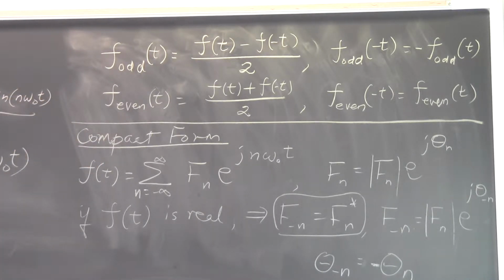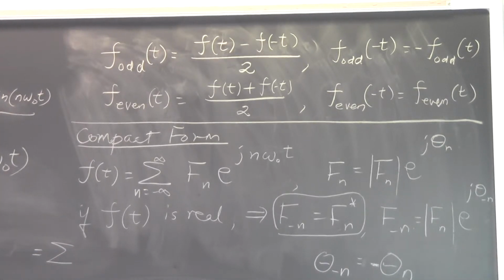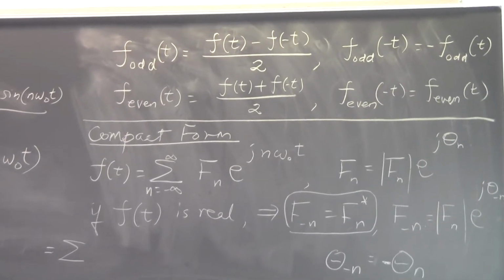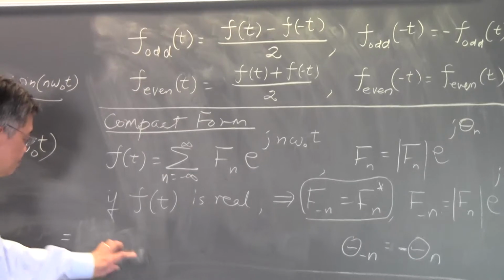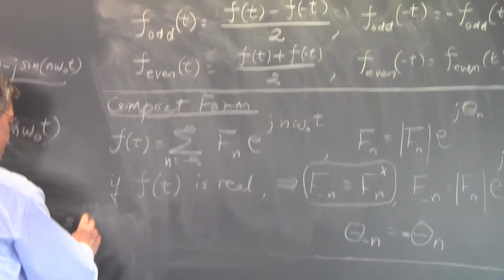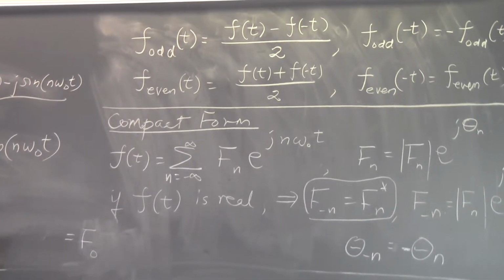into a compact form, because then you can write this as being equal to, take out the DC term. You can take out the DC term and write the F0 term up front, okay?